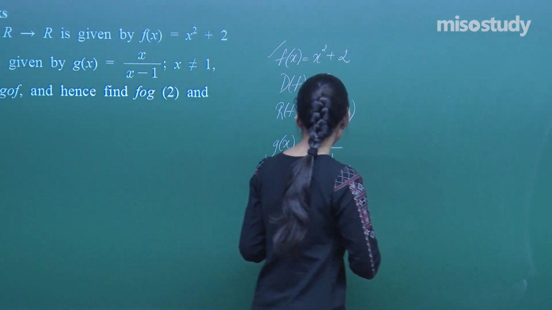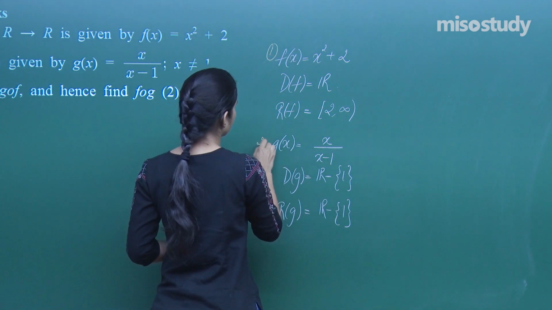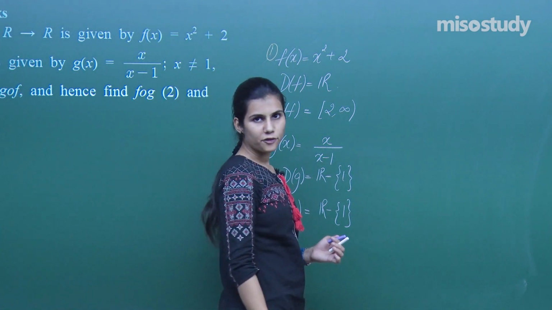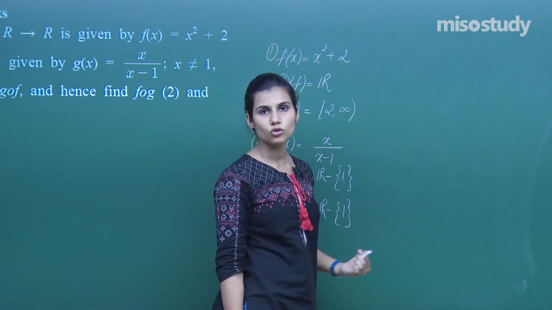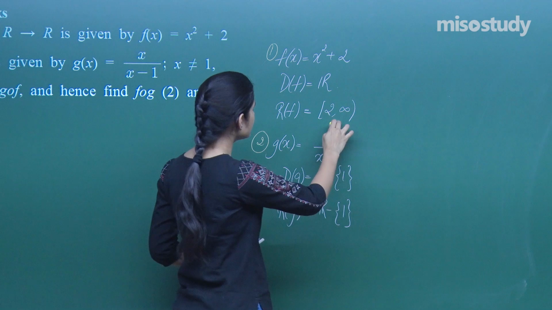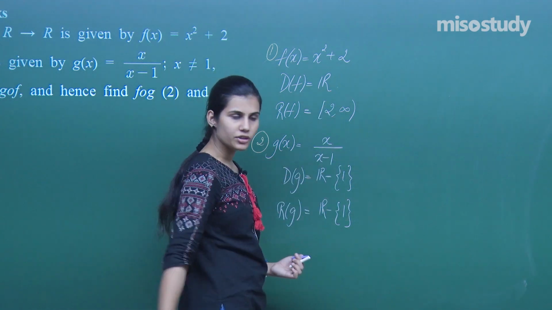Now if I want to talk about FOG's existence, I need to ensure that the range of G is contained in the domain of F. Now the range of G is this, and the domain of F is the collection of all reals.